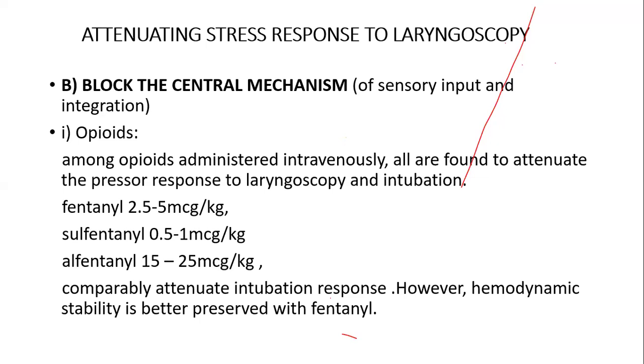It is said that among the intravenous agents, fentanyl comparably attenuates the intubation response. However, like I highlighted before, about 5 slides back, that study showed that dexmedetomidine was actually preferable because of the favorable responses in terms of the mean arterial pressure, as well as the serum amylase level, the random blood glucose, and the cortisol level.